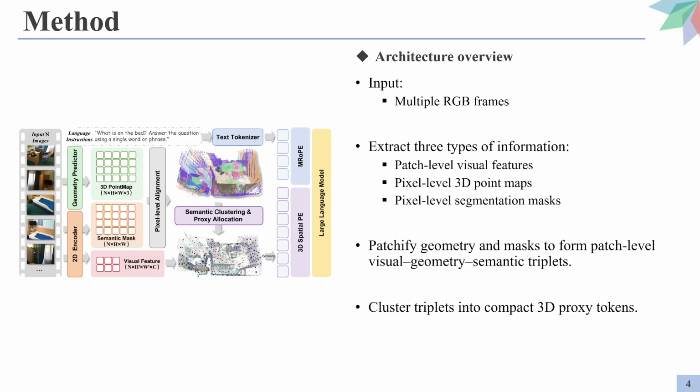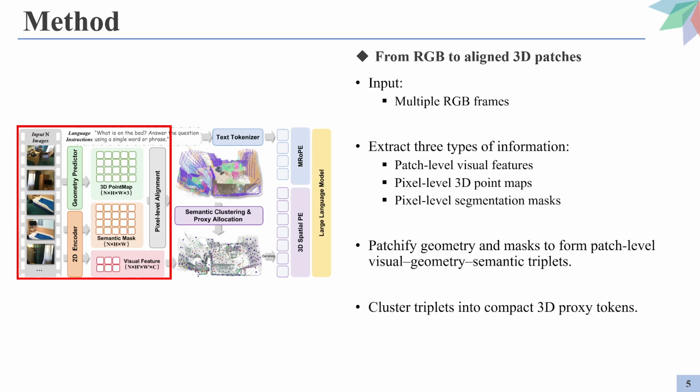This creates patch-level elements containing visual information, 3D position, and a semantic label. Proxy 3D then compresses these elements into a much smaller set of 3D proxy tokens. Finally, the proxies are ordered, combined with spatial and object reference embeddings, and passed to the language model.